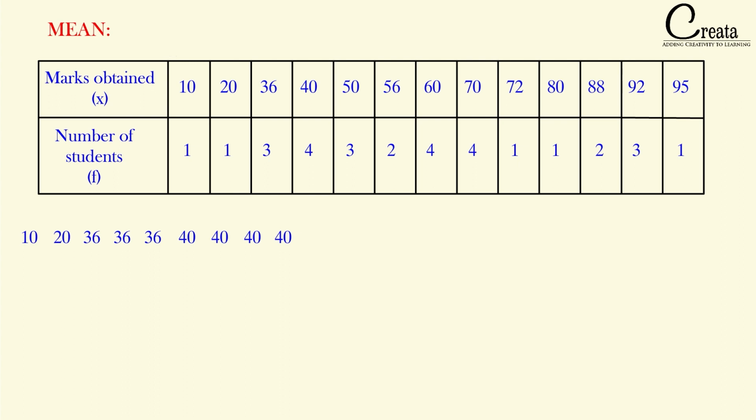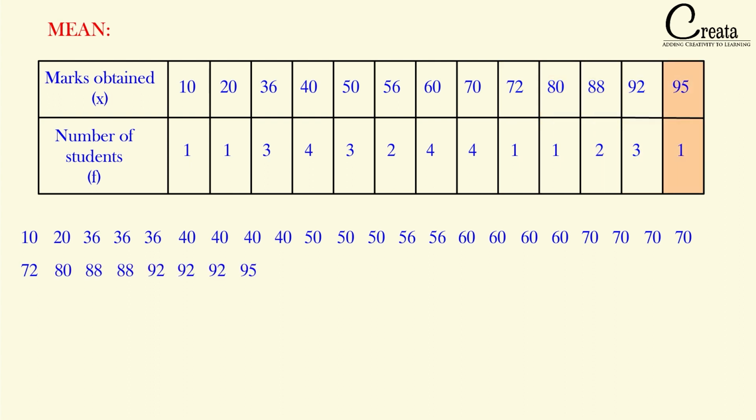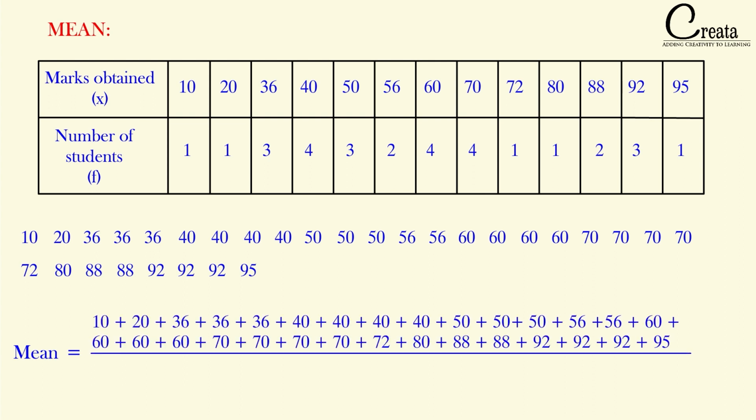Similarly, we can study all these columns and we get this number series. And we have to calculate the mean of this number series. What will we do? Firstly, we will add all these numbers and divide by the total number of students. If we add all these students, we get the total students as 30.